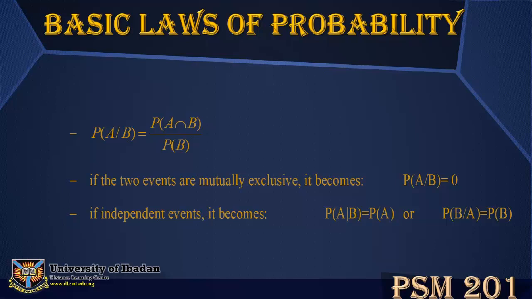If the two events are mutually exclusive, it becomes P(A given B) equals 0. If independent events, it becomes P(A given B) equals P(A), or P(B given A) equals P(B).